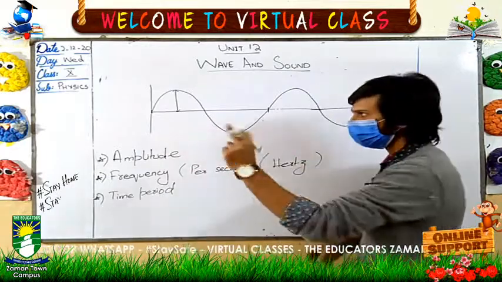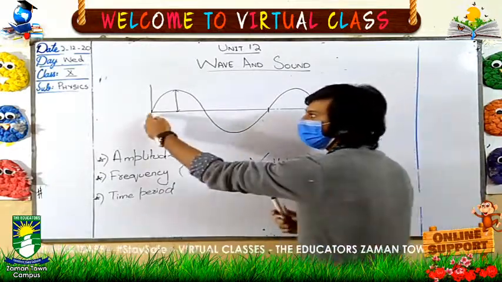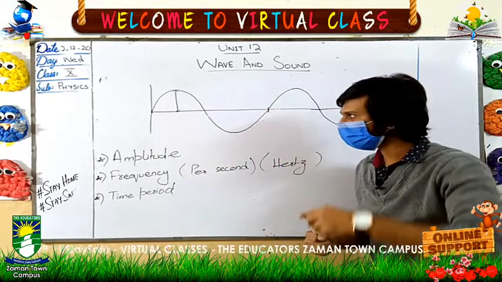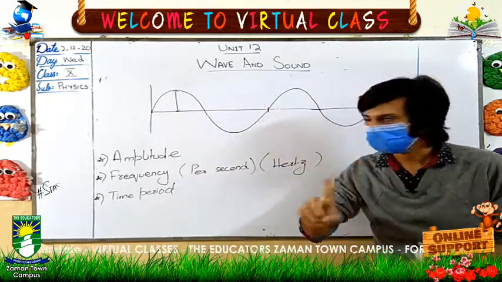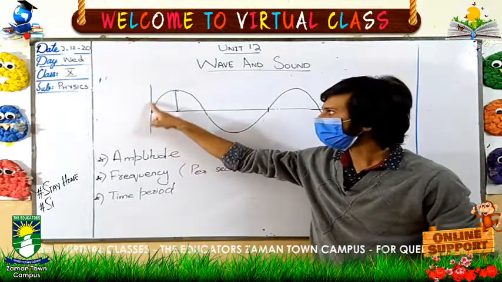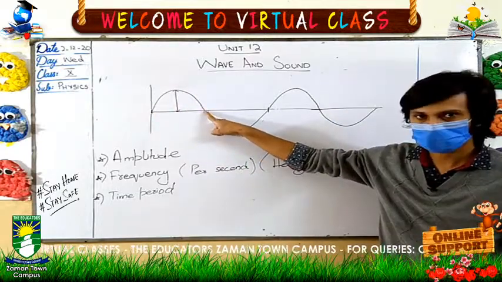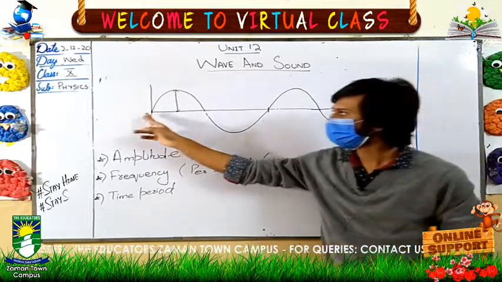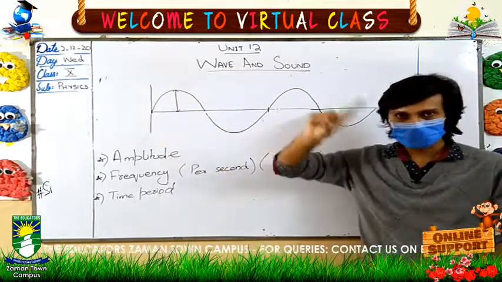What is a complete cycle? The upward and the downward movement together is one complete cycle. It starts from there, comes down again to the mean position, and then moves in the downward displacement. So from this point to this point, it is one complete cycle.